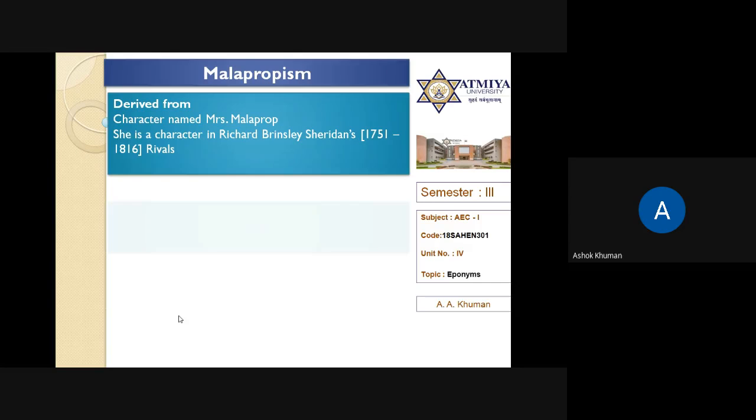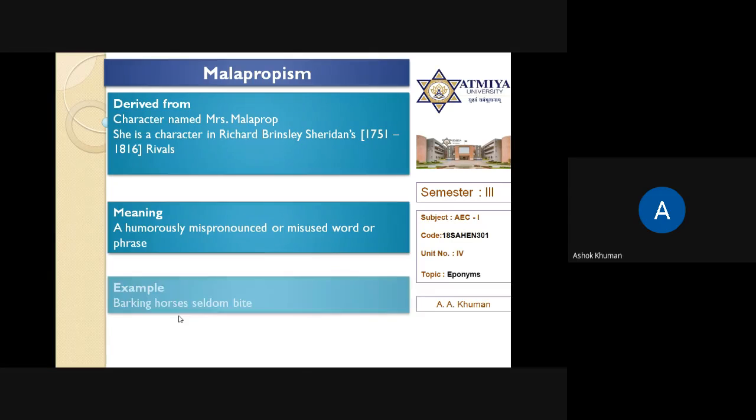And malapropism, a very interesting word. Sheridan had written one play, and the title of that play was The Rivals. Restoration time. And in that play, there was one lady character whose name was Mrs. Malaprop.